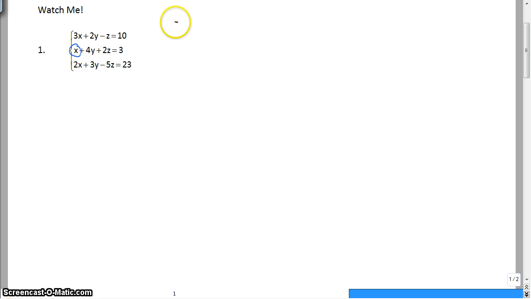So what we're going to do is write that equation twice. x plus 4y plus 2z is equal to 3, and you write it down twice. And that leaves us with 2 other equations. So we're going to take the top equation and write it with our easy to work with equation, we'll call it.